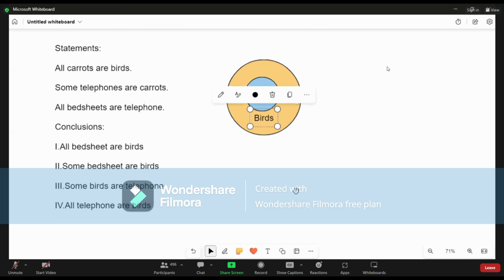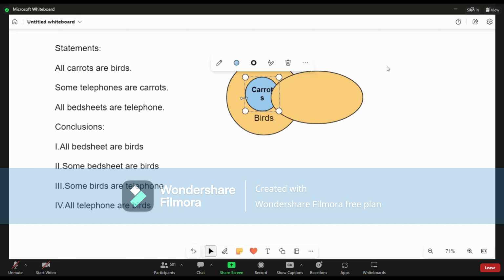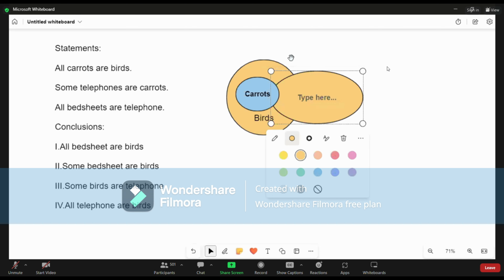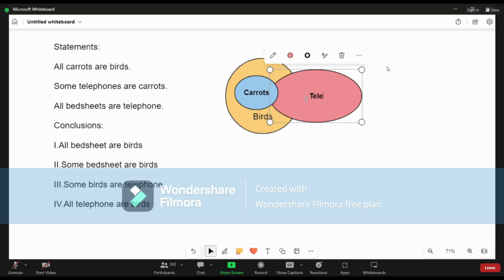And then some telephones are carrots. This is telephones.